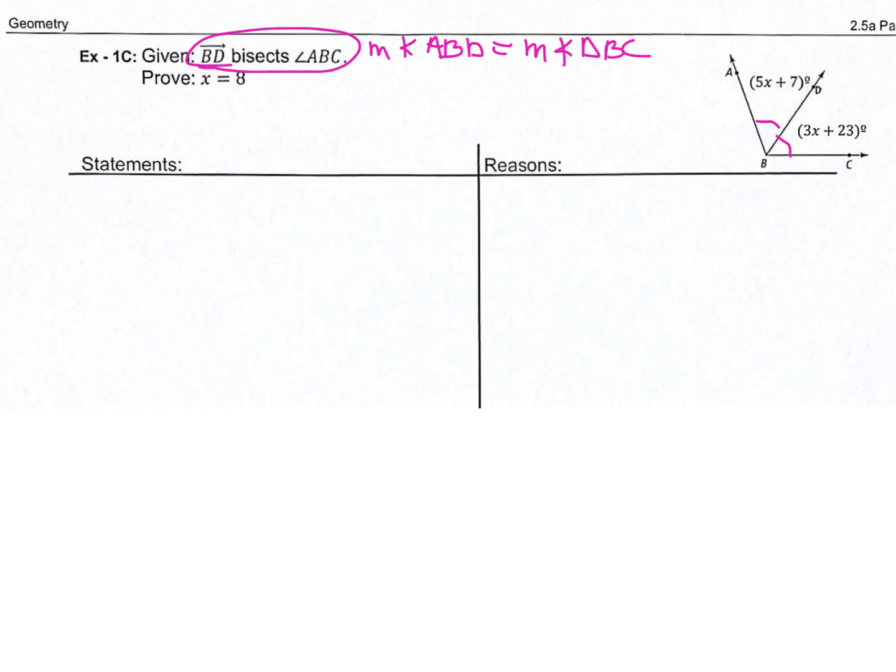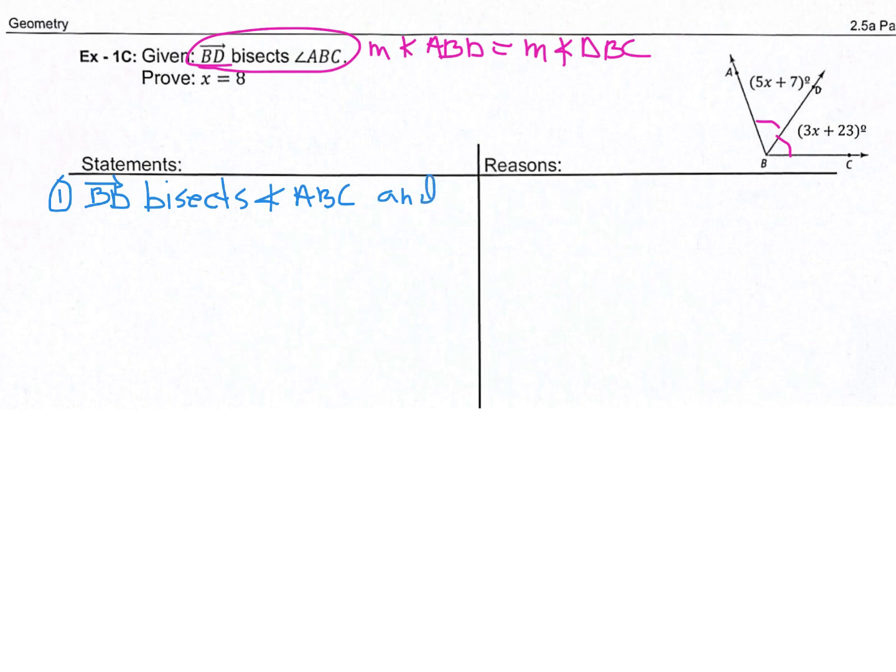Okay, so statement number 1 should be ray BD bisects angle ABC.